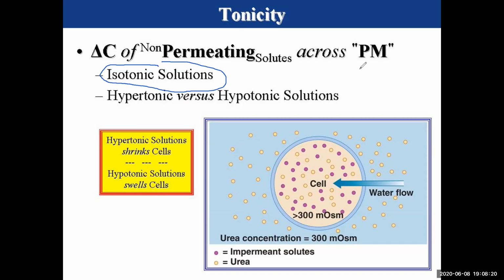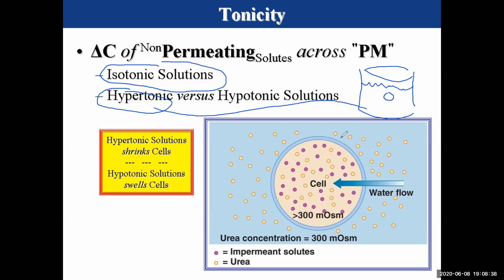So if you have a beaker here, and you put the cell here, and you have the water. So if you have a hypertonic solution, right? So the solution is hypertonic, meaning there's more salt on the outside.